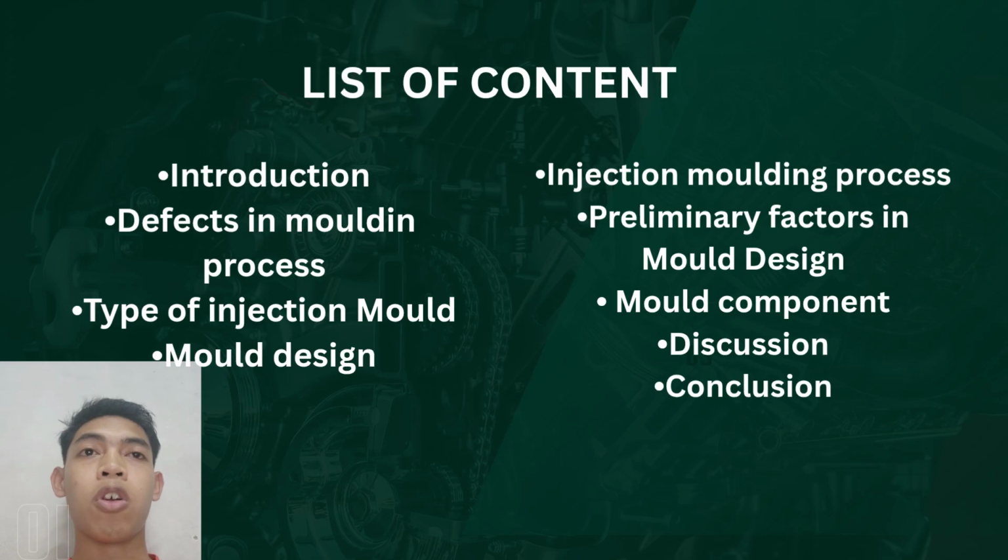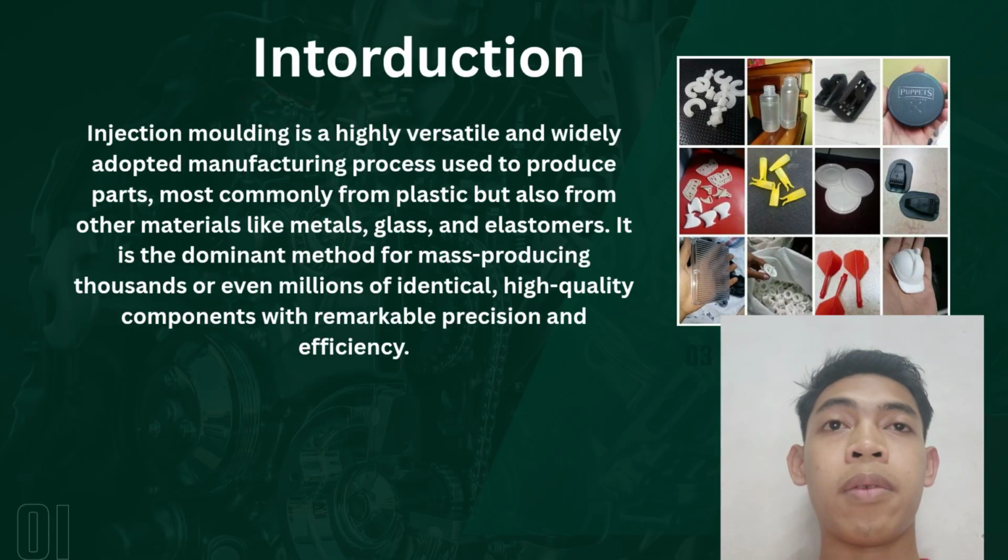So today I'm going to present project 1 of tool design. The list of content: first is introduction, second is defects in molding process, third is types of injection mold, next is mold design, injection molding process, primary factors in mold design, mold components, discussion, and the last is conclusion. So the introduction.